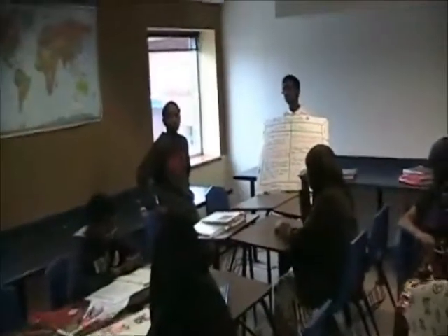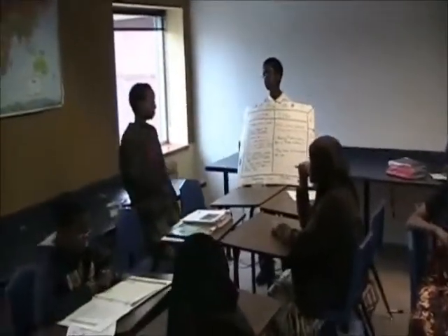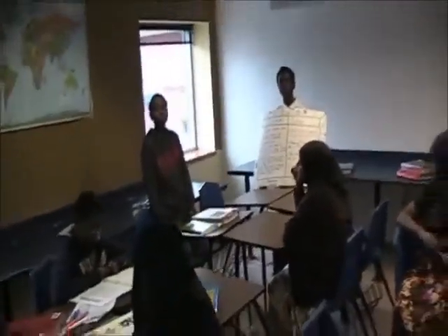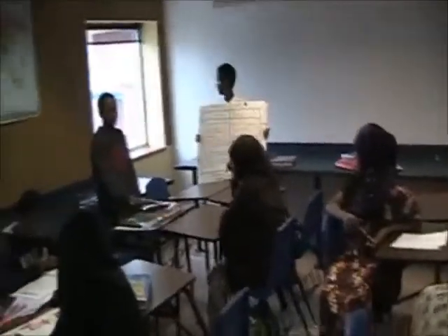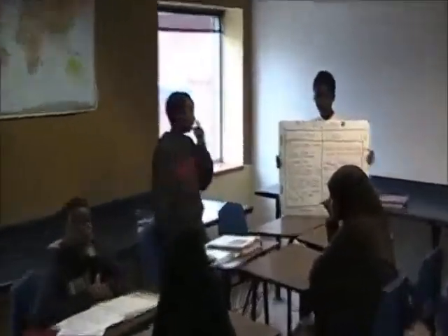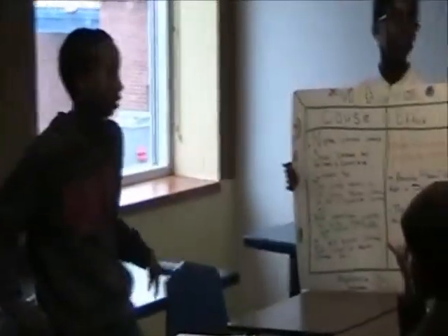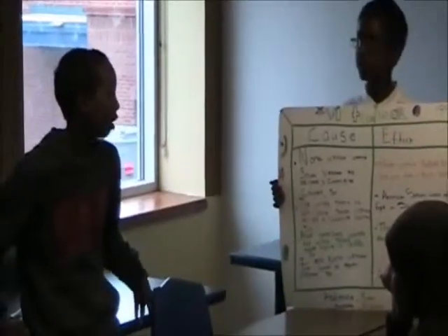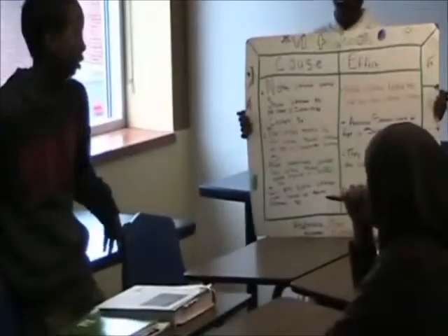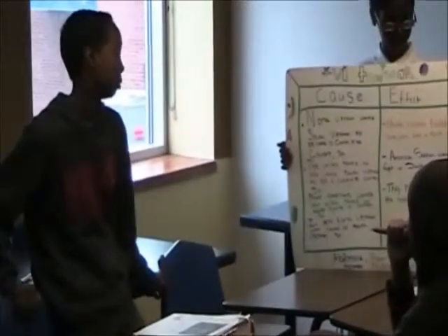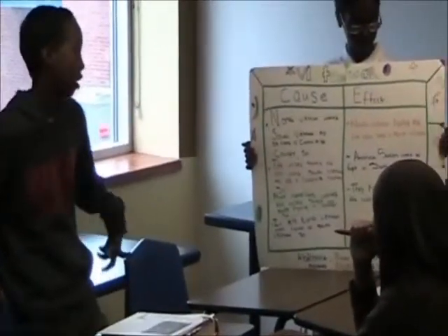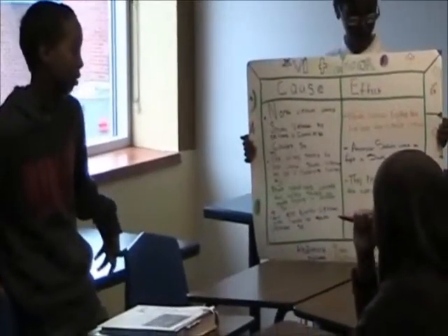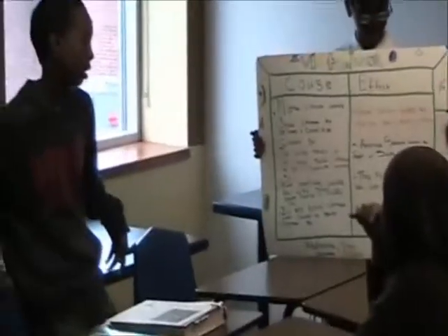Abdi Malik, your group over here, can you present for the class now, please? We're reading our packets and we're identifying the cause and effect of the Vietnam War. Our first cause was North Vietnam wanted South Vietnam to become a communist country, so North Vietnam helped the Viet Cong fight in South Vietnam.